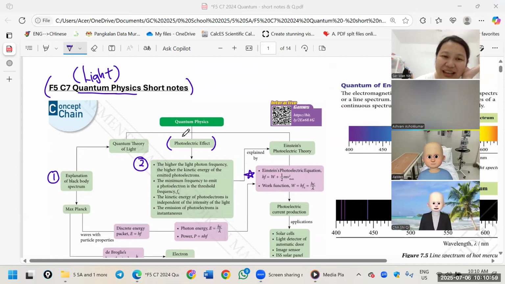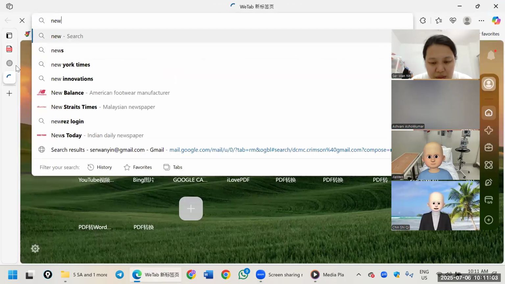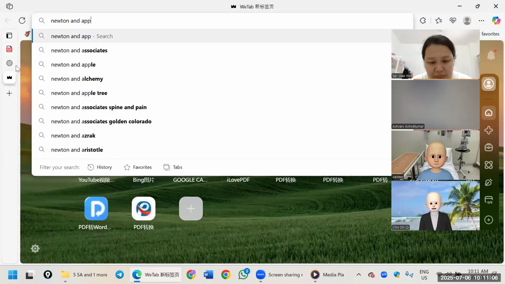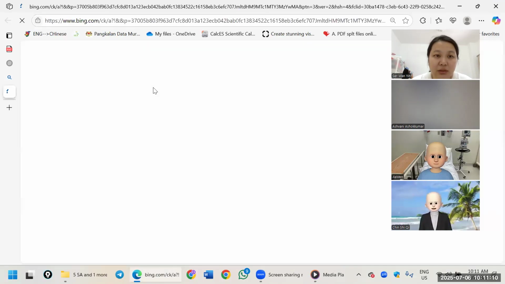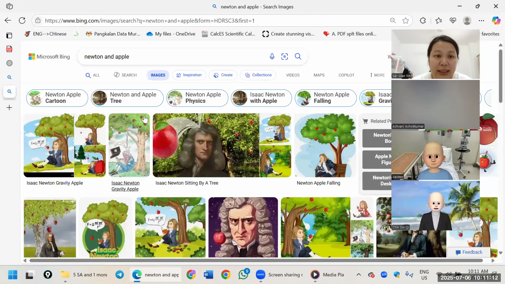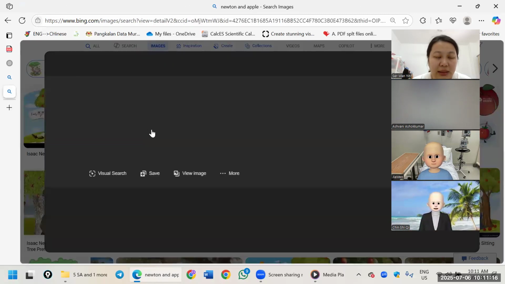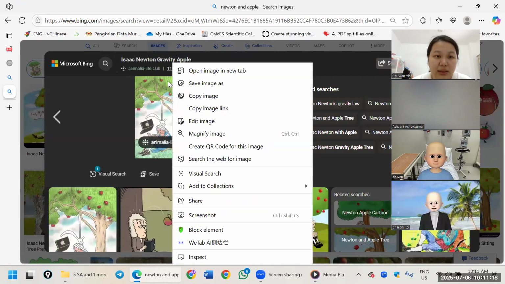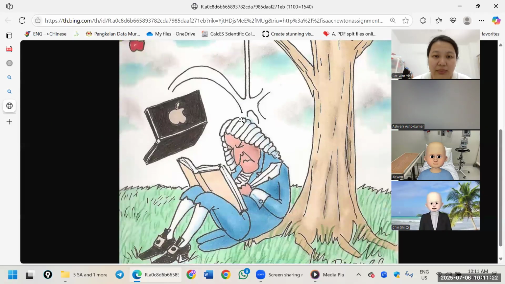There is a rumor that Newton was hit by an apple.